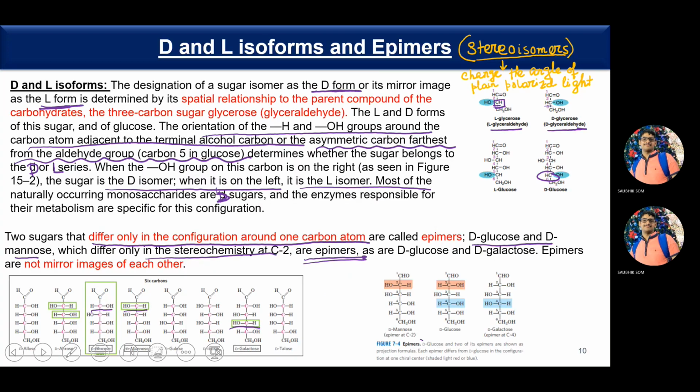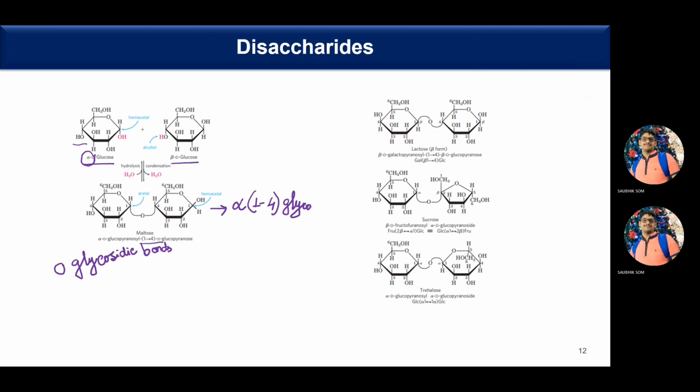If you see here, there is a beta form. This is a beta D glucose. As you can see, the OH on the fourth carbon here is on the opposite side.